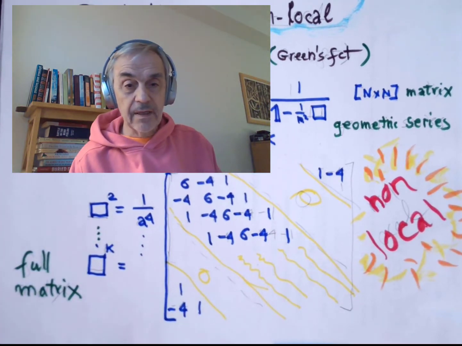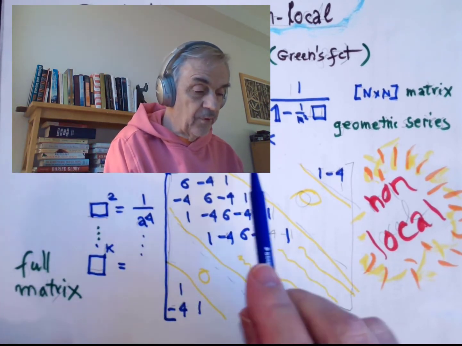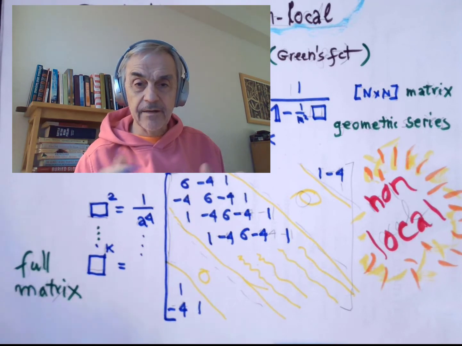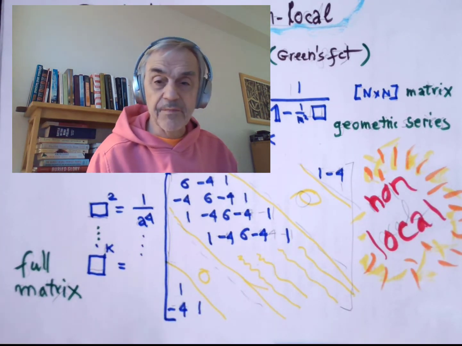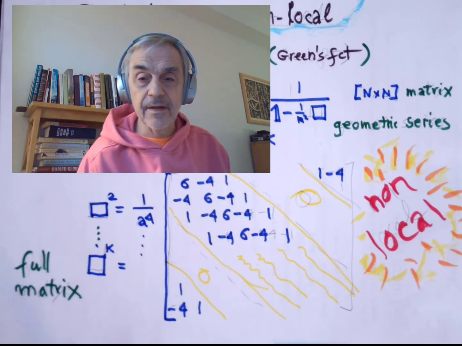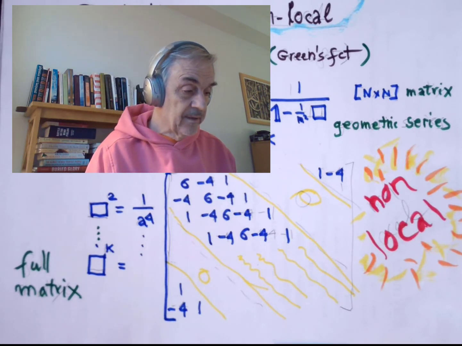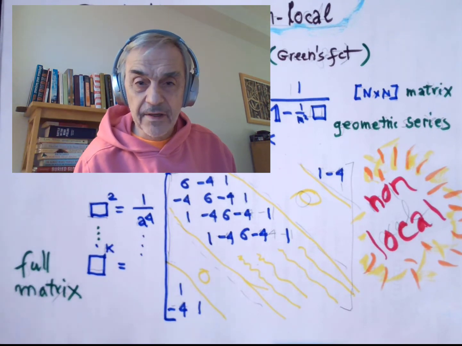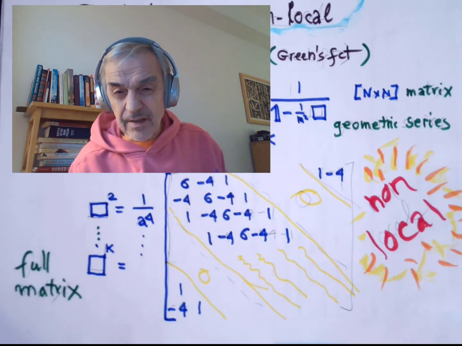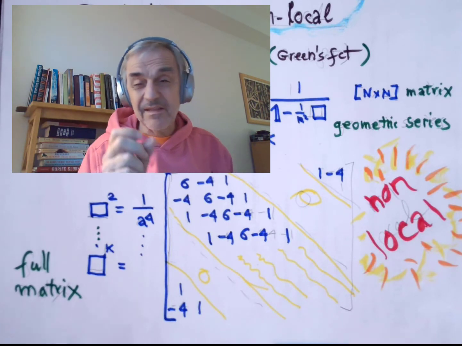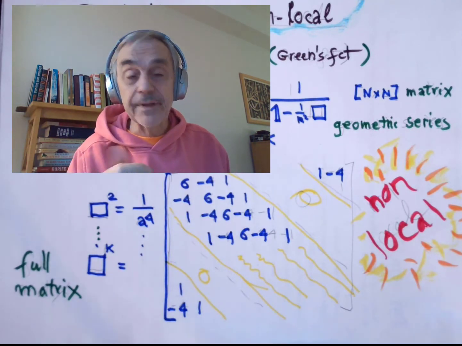And what you realize, you have all powers of them. And higher powers have more and more diagonals. And this always becomes a full matrix for any finite size. So this actually is a very nasty calculation. It started as something very innocent. It was basically almost a diagonal matrix, but it was just a little bit off diagonal.